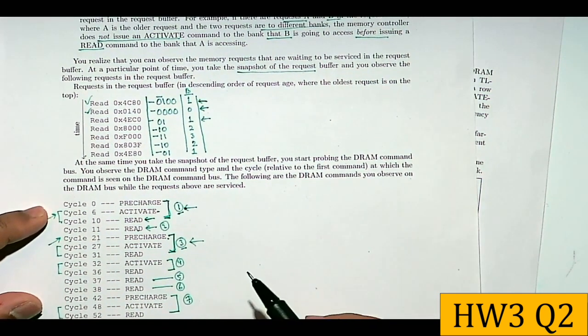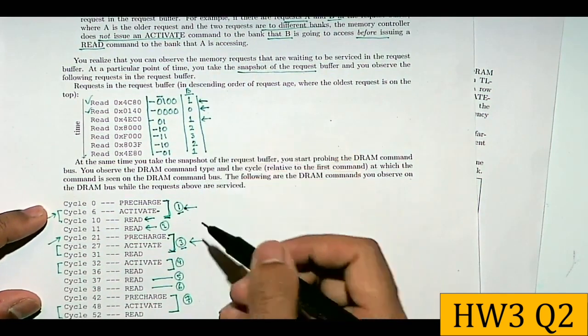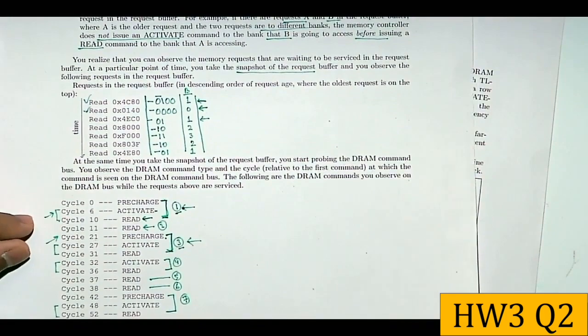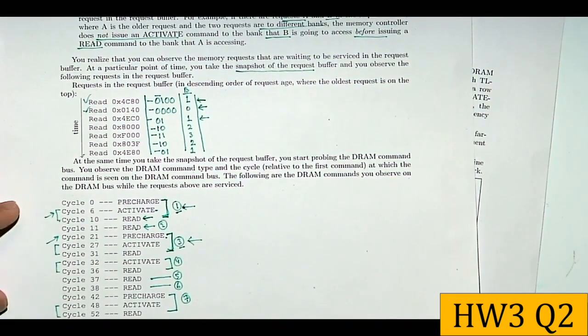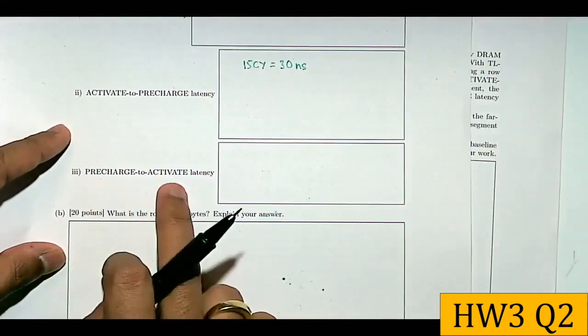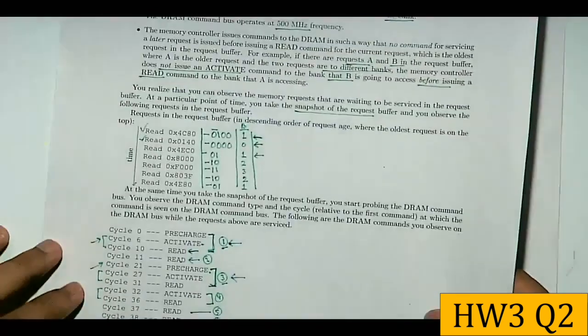If you want to verify this with something else, you can also see that this timing constraint actually holds for other remaining accesses also. So the second one is pre-charge, the third one is pre-charge to activate latency.